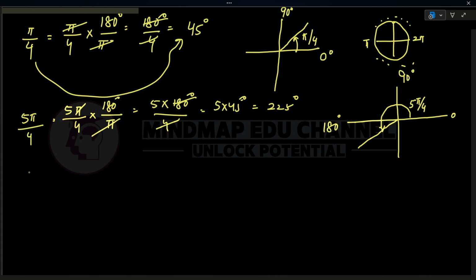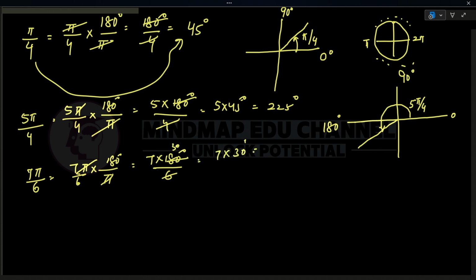Okay, let's do one more example. 7π/6. Now you convert this by yourself. Try it. 7π/6. I need to cancel the π, so it will be down. And this will be 7 into 180 degrees over 6. After reducing this, it will be 7 into 30 degrees, and this is 210 degrees.